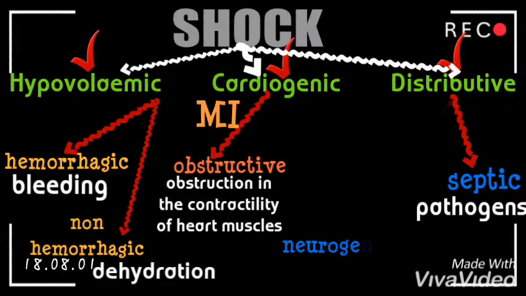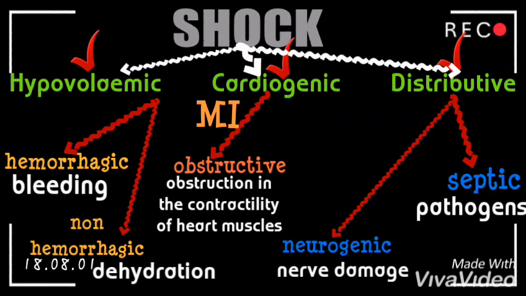The second one is neurogenic shock. In this type, there is damage to the nerves surrounding the blood vessels that help in the contraction and relaxation of the blood vessels. Due to damage of these nerves, there will be abnormal dilation of the blood vessels, which further leads to hypotension and shock. The third one is anaphylactic shock.